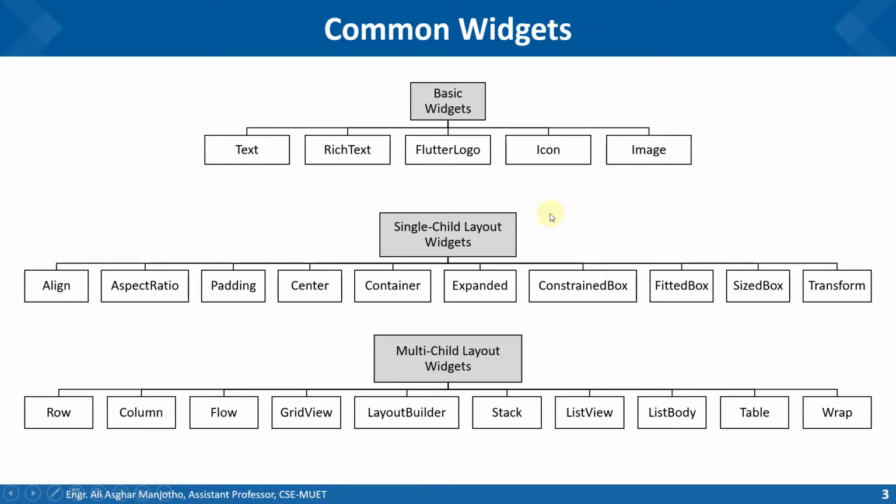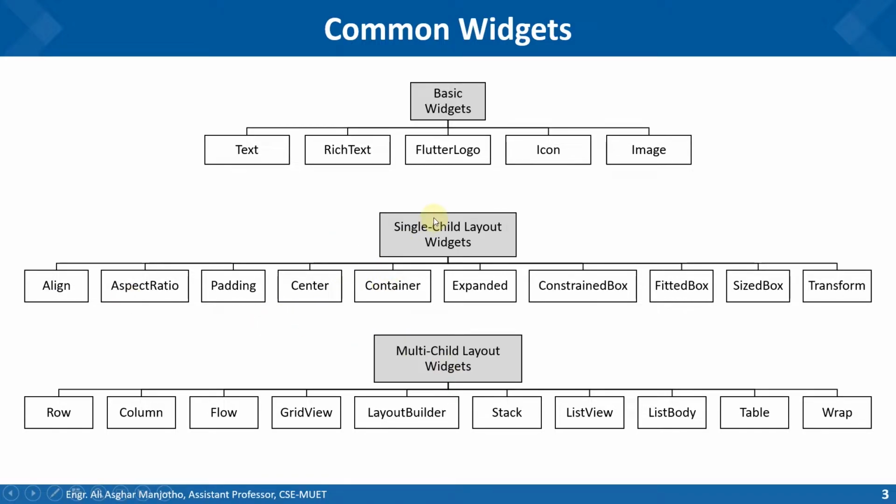Other than that, you have two special layout widgets: single child layout widgets and multi-child layout widgets. The single child layout widget will contain a single child as its content, whereas a multi-child widget will contain a collection of children as its content. A single child layout widget has one property called child, where you specify the child element, whereas multi-child layout widgets have a children property where you specify an array of different widgets.